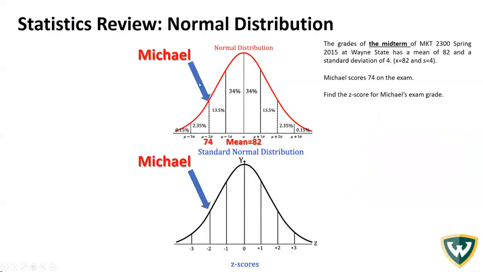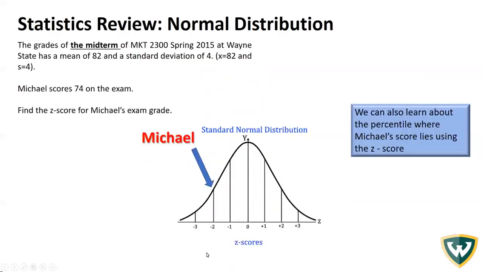So when I asked you guys about Michael, and we calculated that Michael's z-score was -2, I know, 1, Michael scored lower than the mean. To be exact, Michael scored 2 standard deviations below the mean. We can also learn about the percentile where Michael's score is lying using the z-score table.